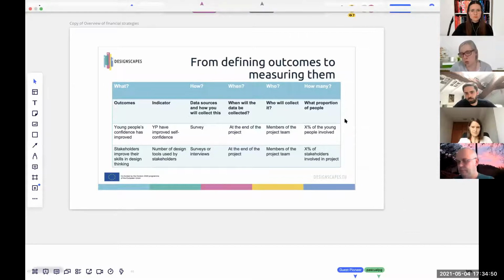So if it was 2, for instance, you would be able to tell a different story about the impact that you've achieved further down the line than if you've reached 2,000 in a very small area. So there's something about scale and understanding what you've done beforehand. Thank you, Pasquale. Yeah, that's a useful point. Okay, thank you.